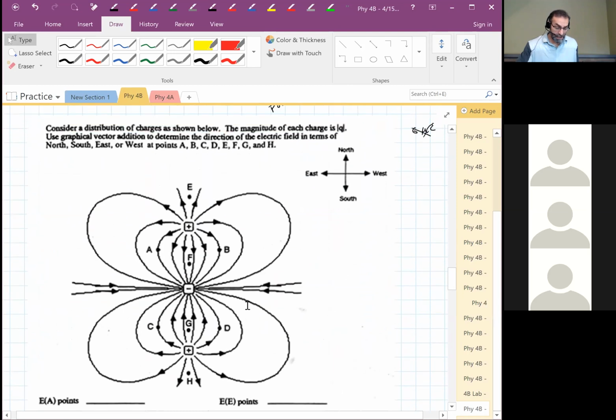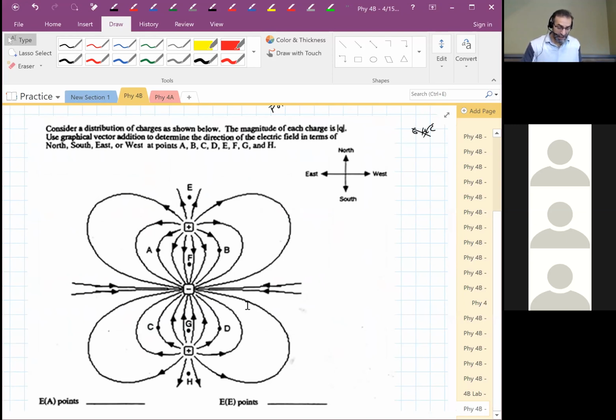All right, let's take a look at this. We're going to learn some rules now for how we don't just draw electric field lines willy-nilly, right? We've got some rules for how we draw them, and that way the drawings are helpful when we look at them. When we see drawings of field lines, they tell us something. They have some information in there.